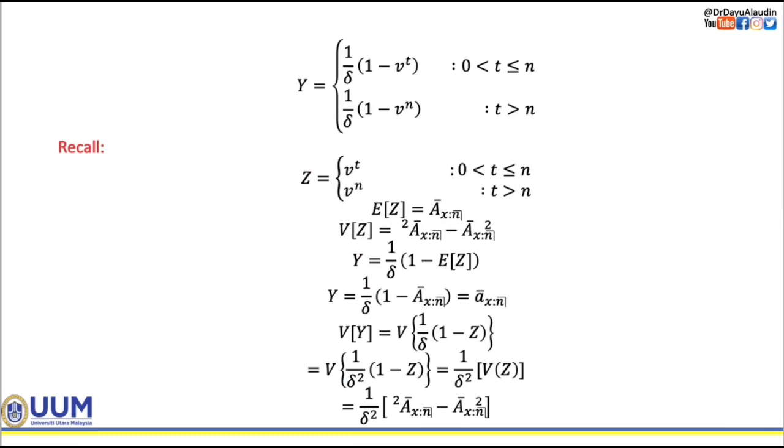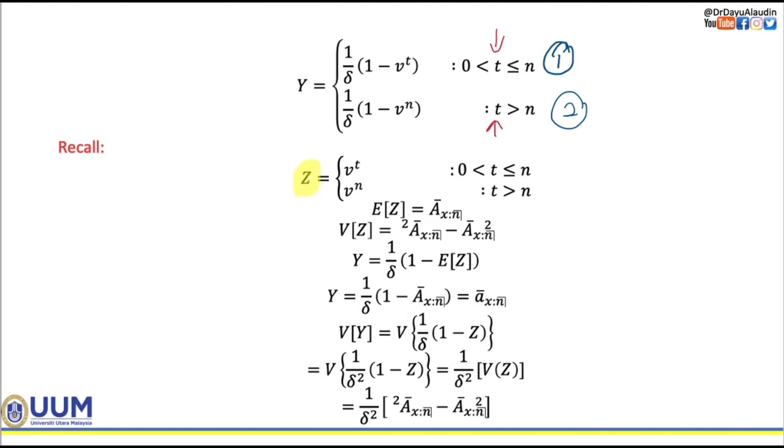So this is for case 1 and case 2. This is for death happening between 0 and N, and this is for death happening after N.